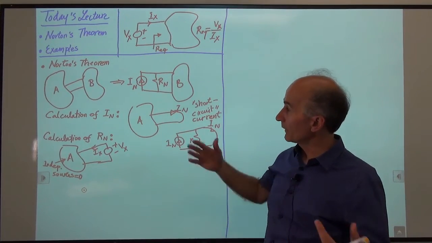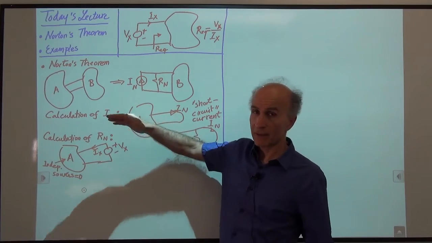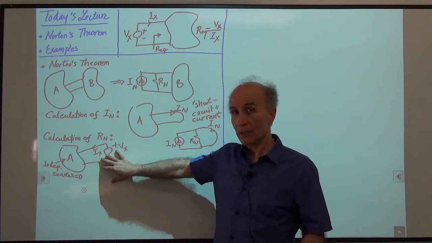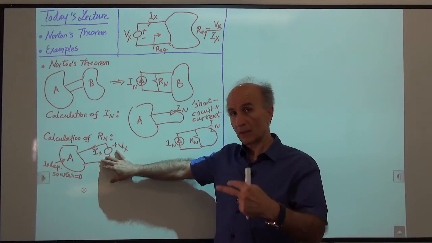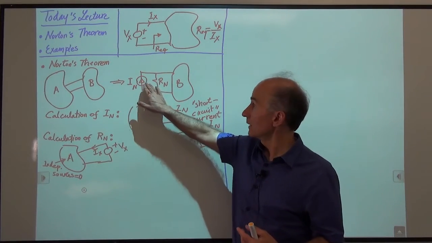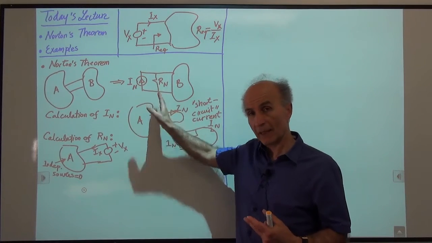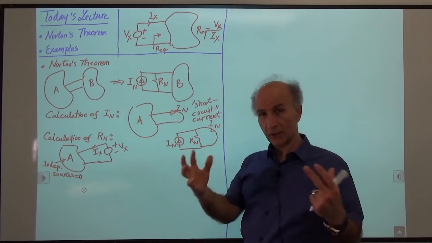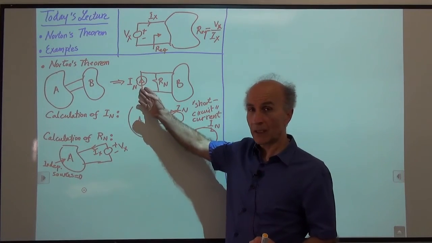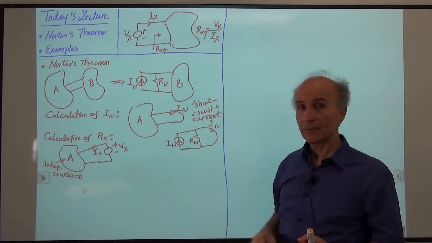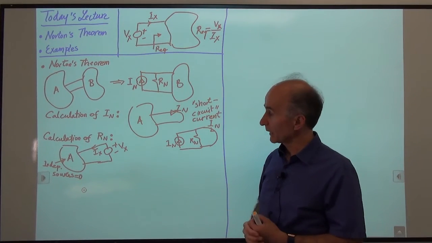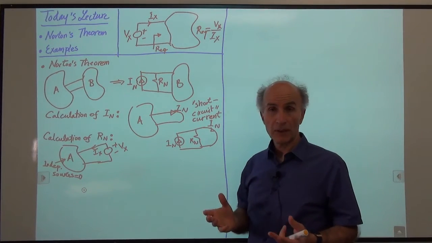So Norton and Thevenin are similar, at least in terms of the resistance that they prescribe, except that in Thevenin it's in series with the voltage source, here it's in parallel with the current source. Of course, the voltage and the current are different. Here the current is obtained by short-circuiting these two wires.